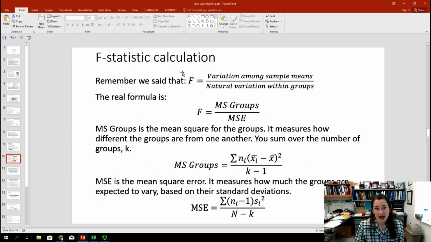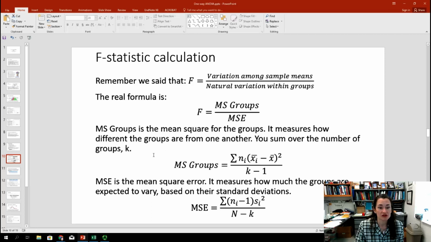Now remember that we said that the F-statistic was defined as the variation among the sample means divided by the natural variation within the groups. So how are we going to calculate those two things? Well, the real formula looks like this. F is equal to MS groups divided by MSE. Now MS groups is a variable name that we've chosen to mean the mean square for the groups. It measures how different the groups are from one another.